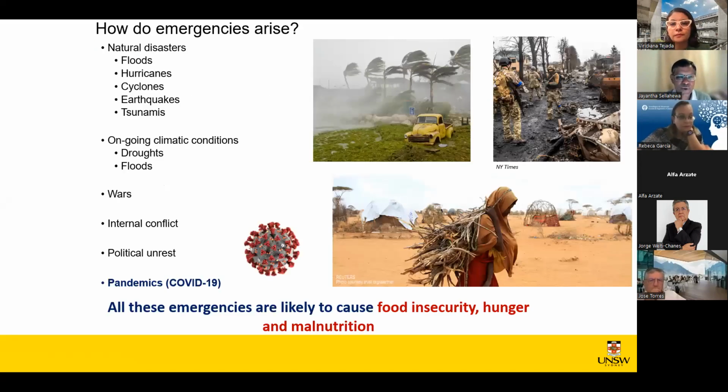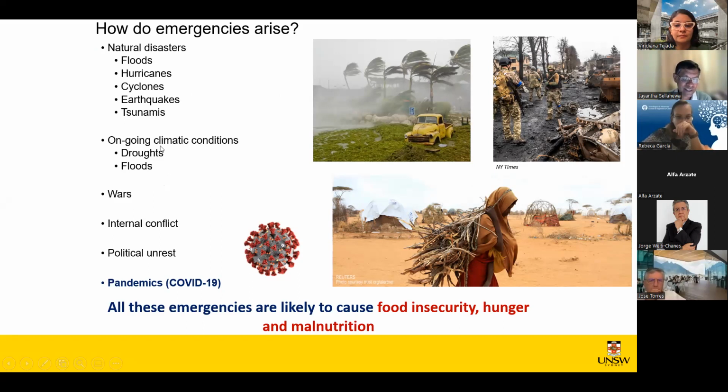As we all know, every day when we watch our TV screens, we hear about some problem somewhere in the world. Either these problems are natural, like earthquakes and floods, very often caused by climate change, which we hear a lot about.